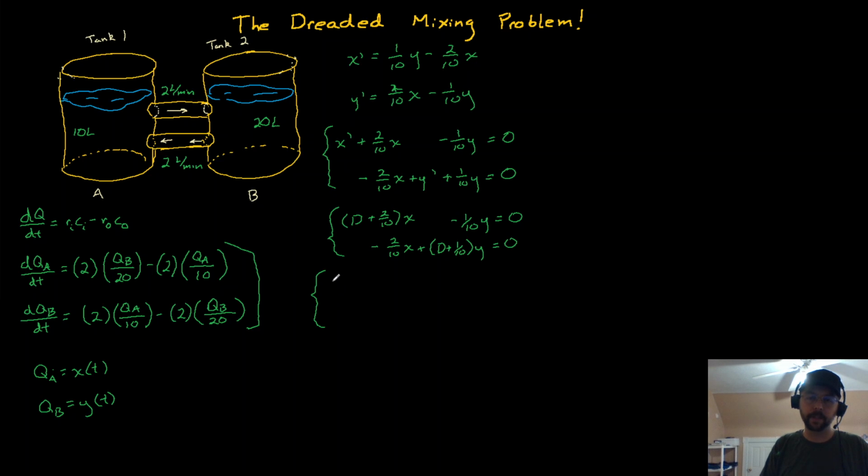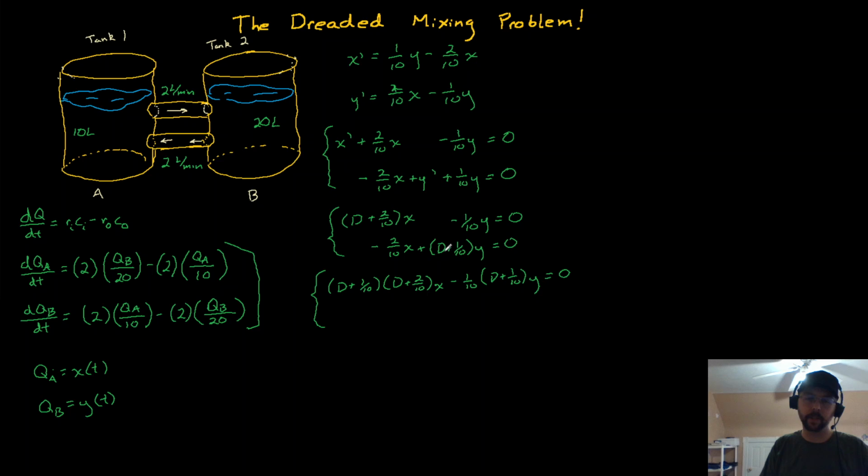So multiplying the top here, we're going to get D plus 1 over 10 times D plus 2 over 10 times x minus 1 over 10 y, oops, let's not put the y yet, times D plus 1 over 10 y equals 0.